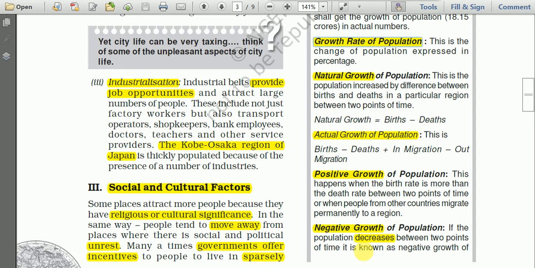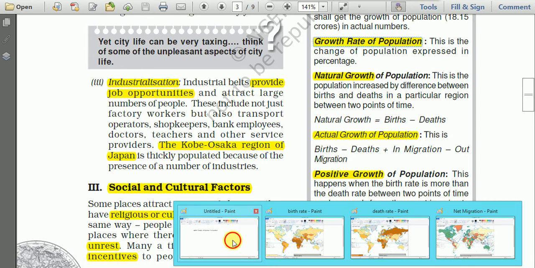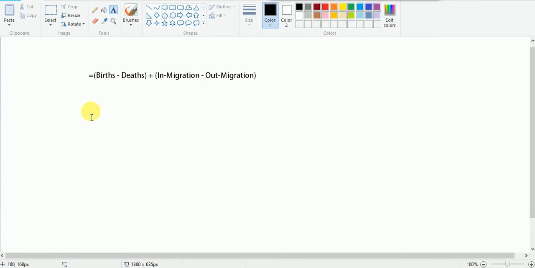Do you remember the formula given in your book 2, India People Economy?